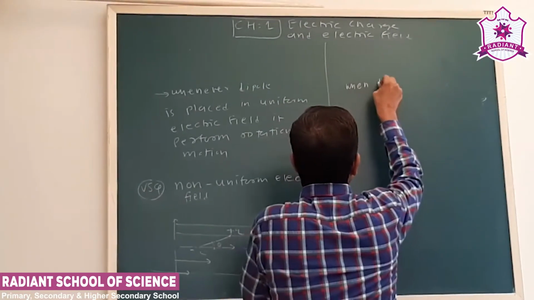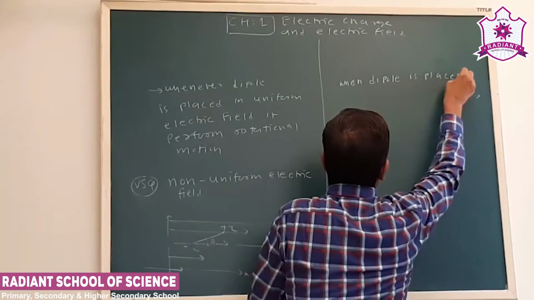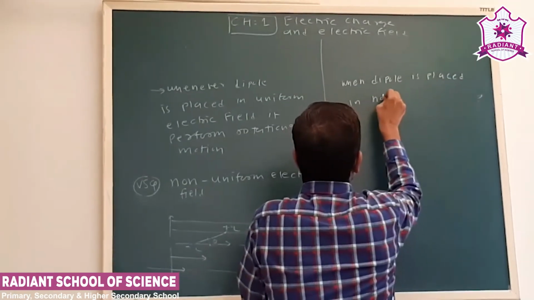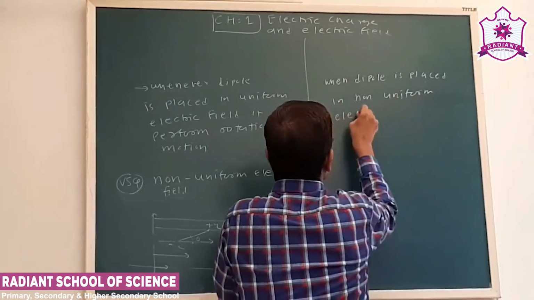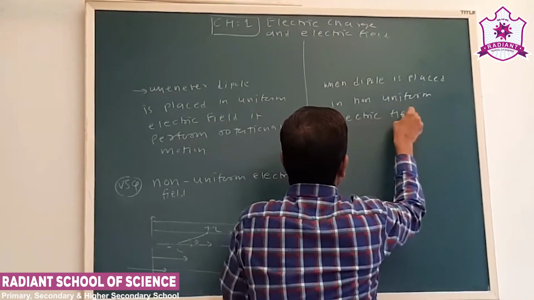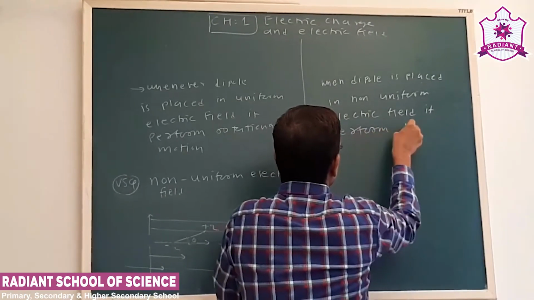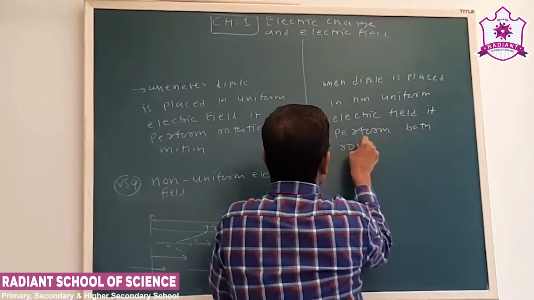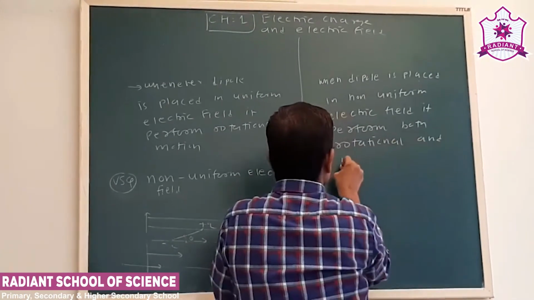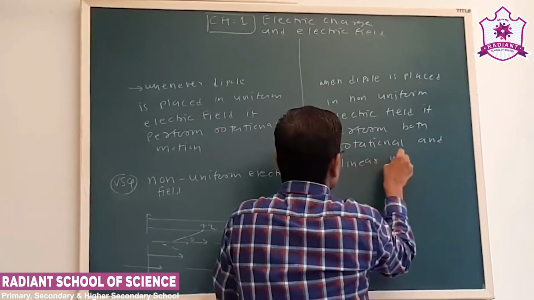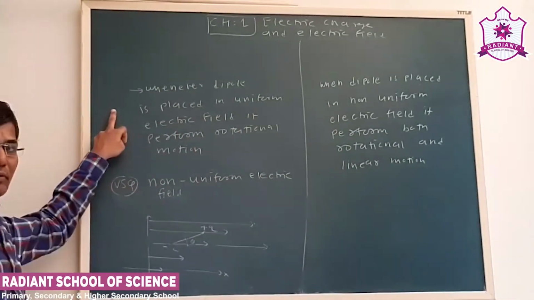When a dipole is placed in a non-uniform electric field, it performs both rotational and linear motion, not what we have seen for the uniform electric field.